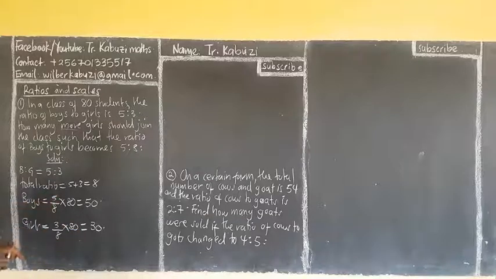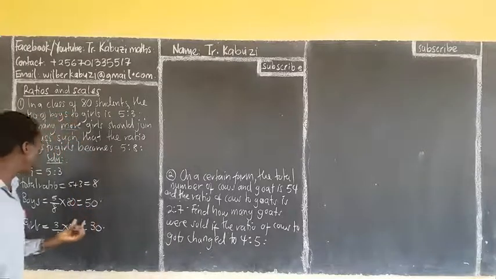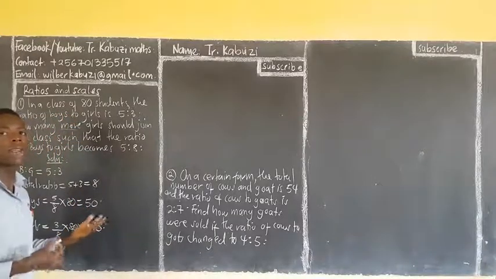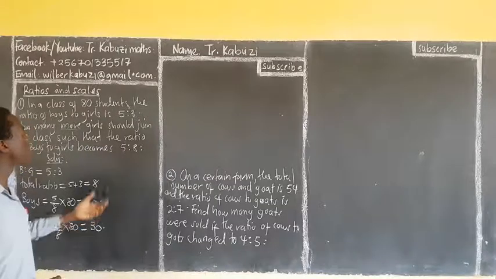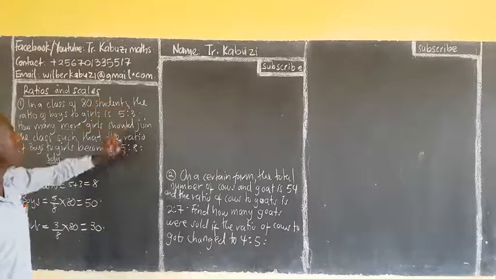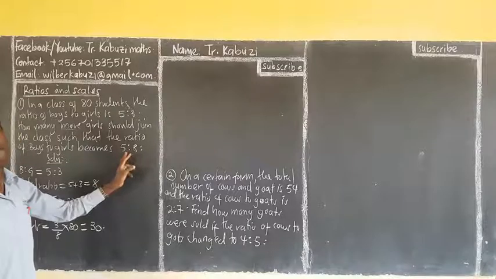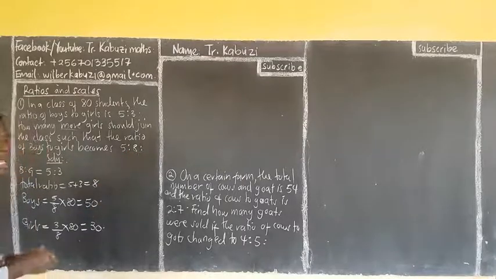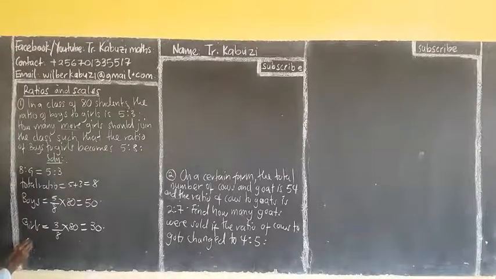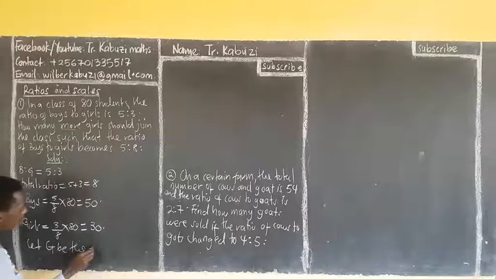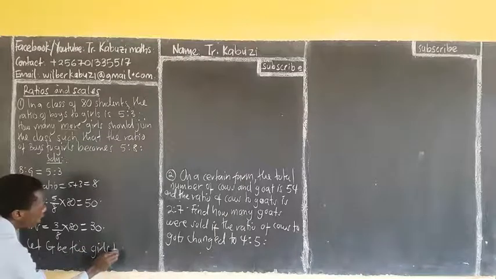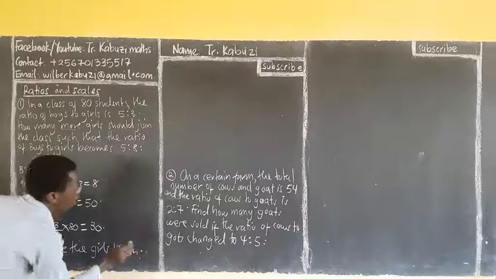Now, the only thing that is going to change is the number of girls, because they want to tell us how many more girls. Meaning, on this number of girls we are going to add a certain number, so that the ratio changes from 5 to 3 to 5 to 8. So let D be the number of girls that must join. Let D be the girls to join.